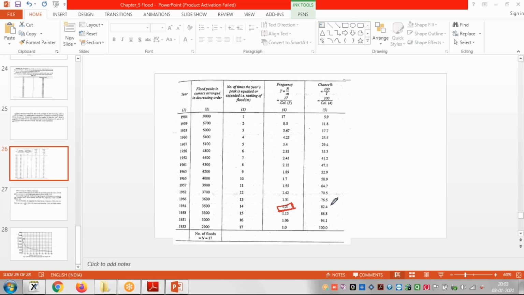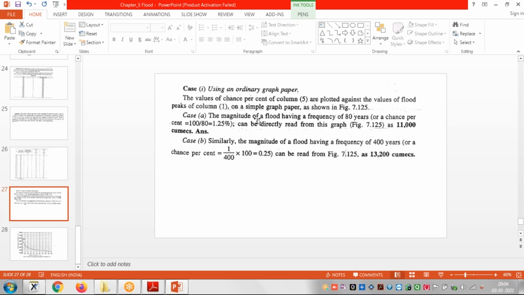Its chances are about 82.4, and so here, if you see, read it directly.